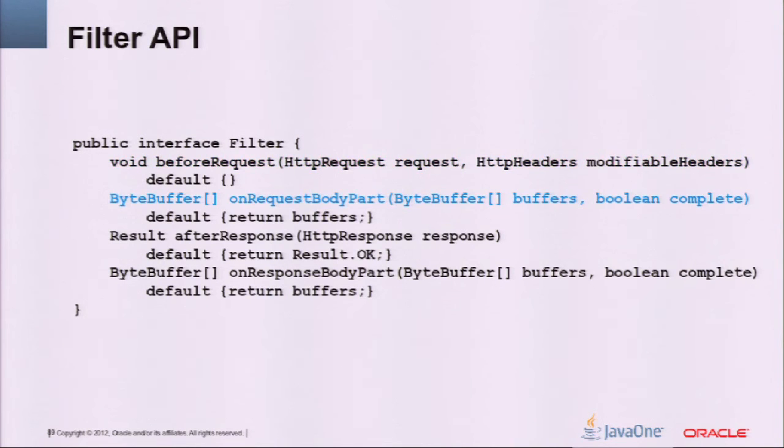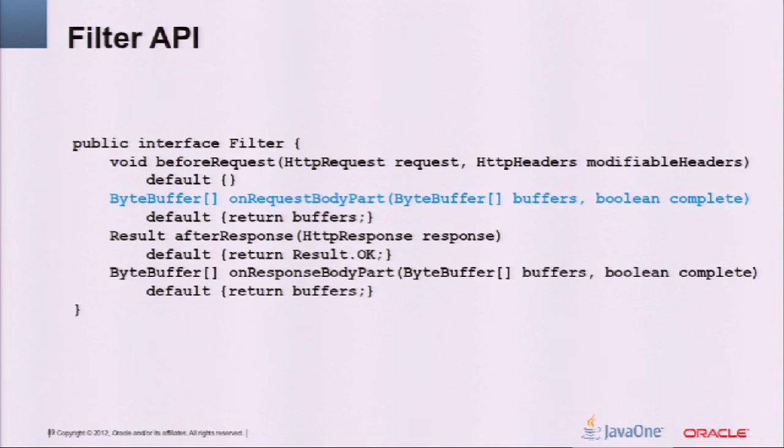The second method is onRequestBodyPart. This will be called always at least once and possibly multiple times depending on the amount of data that's being sent. So this is quite a powerful and flexible API. The method is passed an array of byte buffers and a Boolean flag indicating whether this is the final call for this request or not.